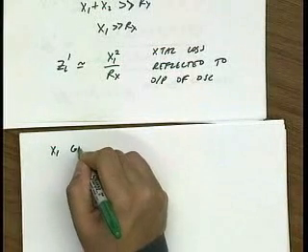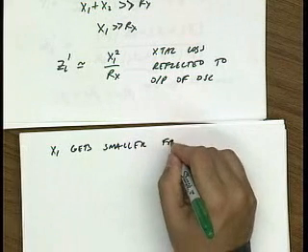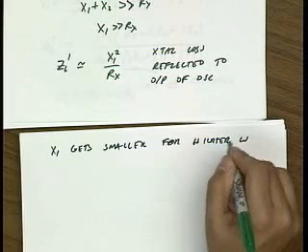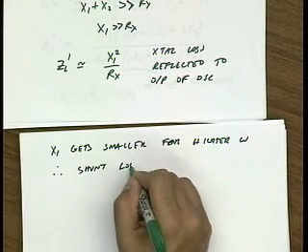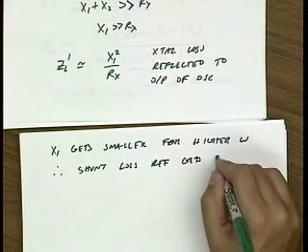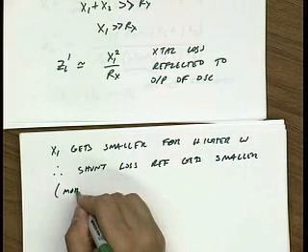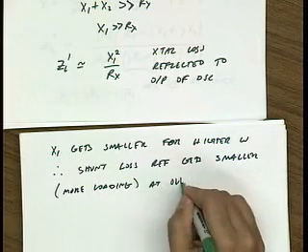So X_1 gets smaller for higher omega. Therefore, the shunt loss reflected gets smaller. That means I have more loading at the overtones.